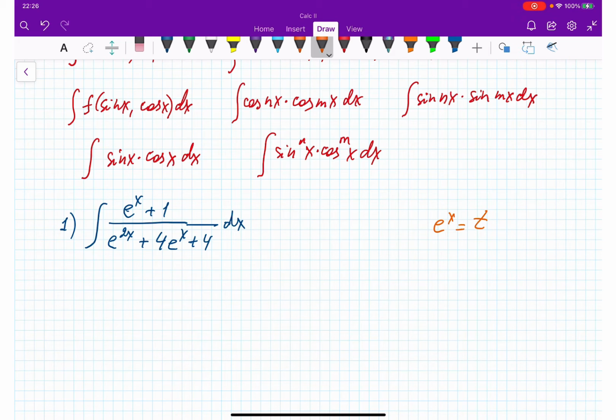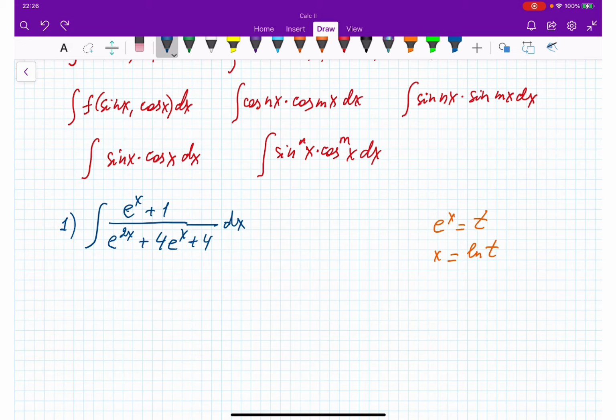Yes, so if e to power x is equal to t, based on the definition of logarithm, x is going to be equal to natural logarithm t, because the base is e, which means we can take the natural logarithm. Natural logarithm has base e.